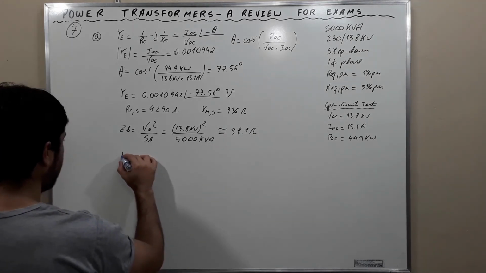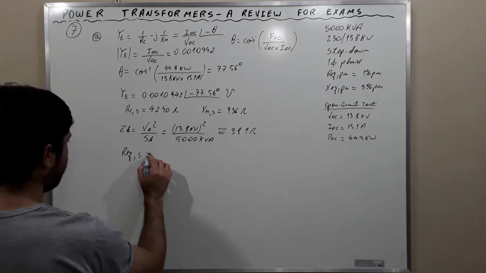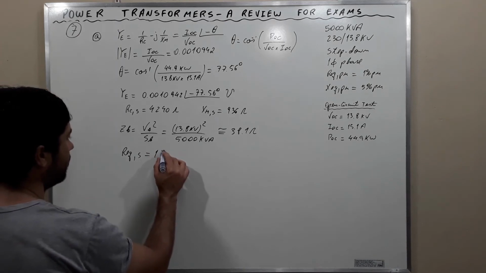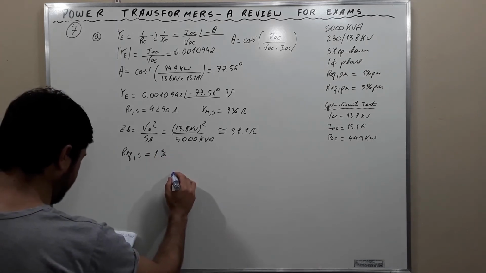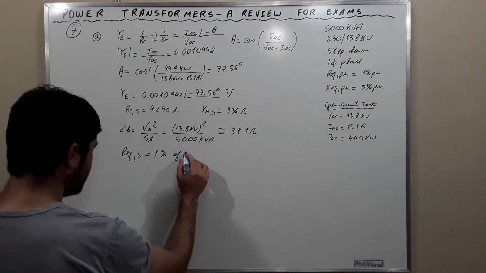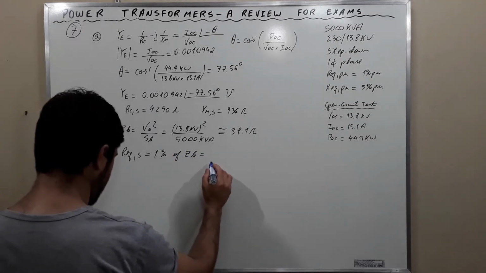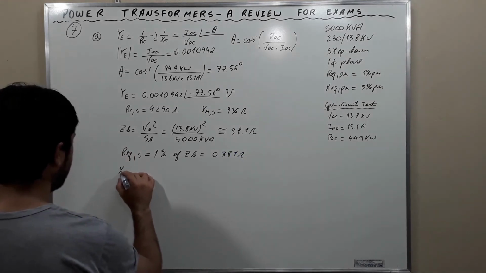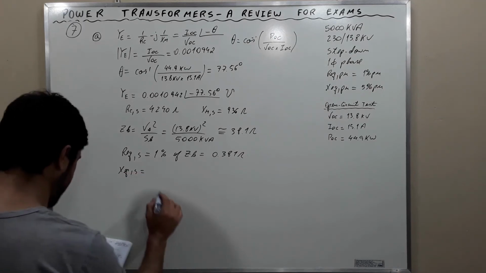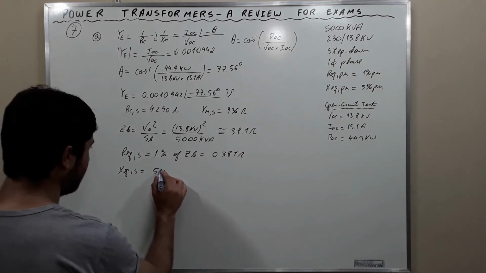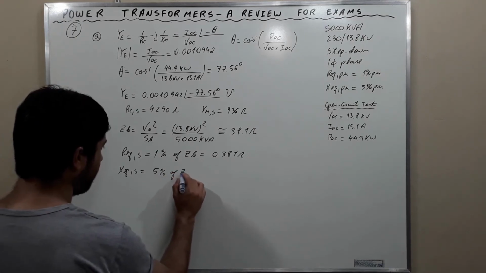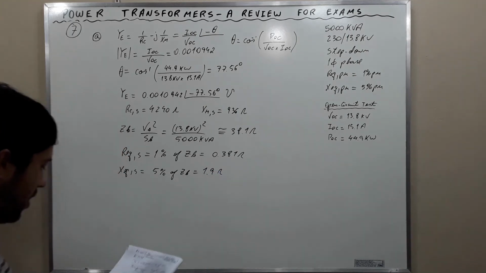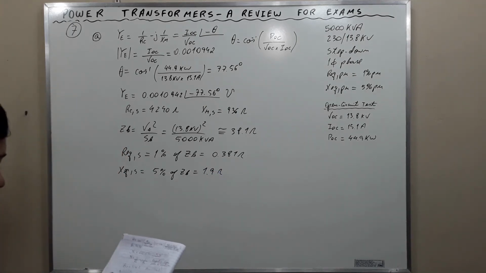The equivalent resistance referred to the secondary side is 1% of ZB, which is 0.381 ohms, and the equivalent reactance referred to the secondary side is 5% of ZB, which is equal to 1.9 ohms.